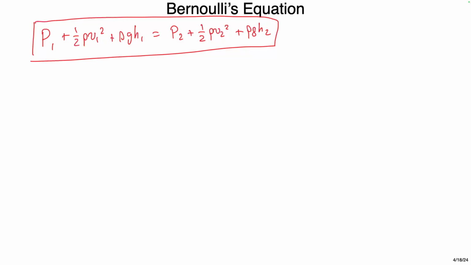The symbols, you might not have seen all these symbols together in the same place. But it should be tugging on your brainstem just a little bit. 1/2 rho V squared. Yeah, that feels kinetic energy-ish, doesn't it?